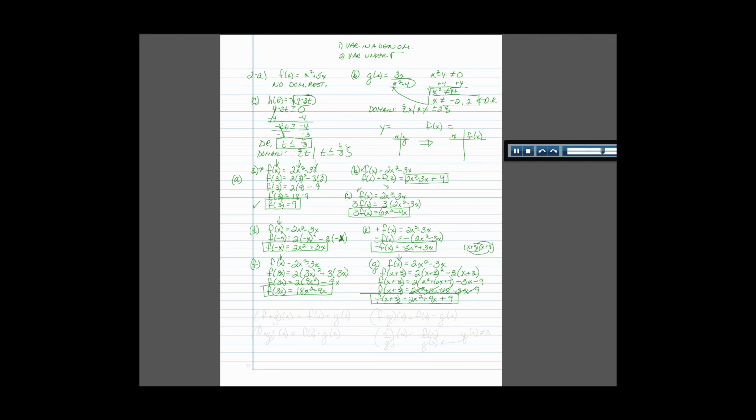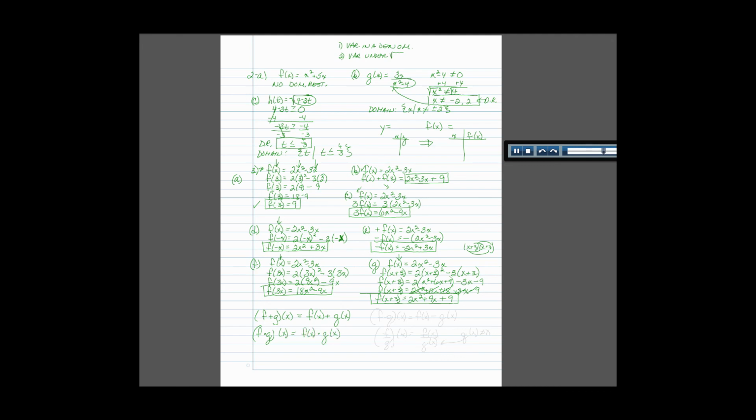In your notes, you'll see f plus g of x. That happens to be equal to f of x plus g of x. I think these are kind of intuitive. F times g of x is equal to f of x times g of x.